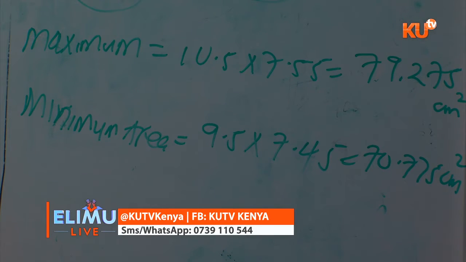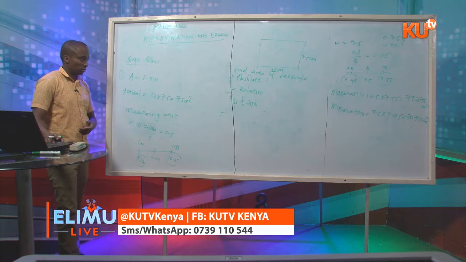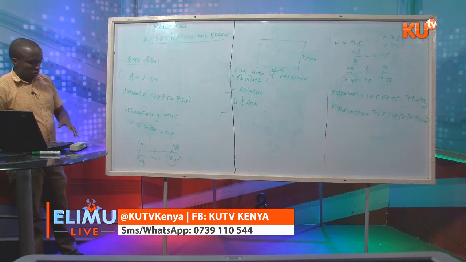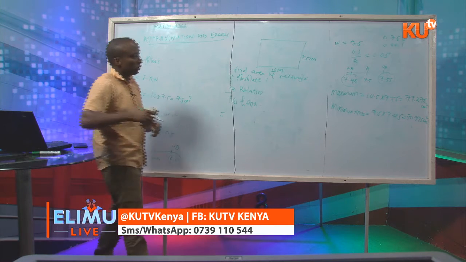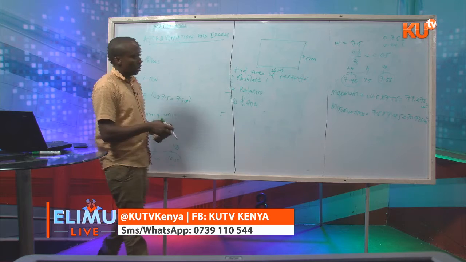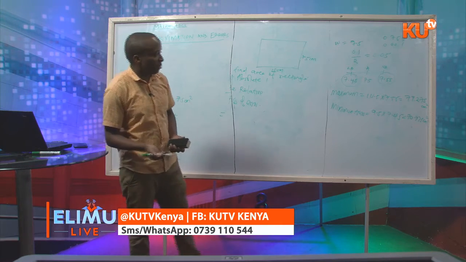So the absolute area is given by, we continue from there. We want to get the maximum minus the minimum.